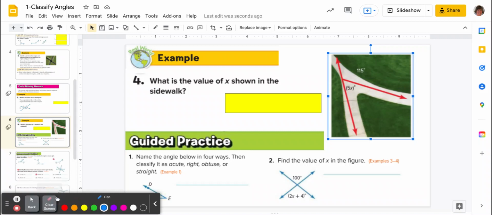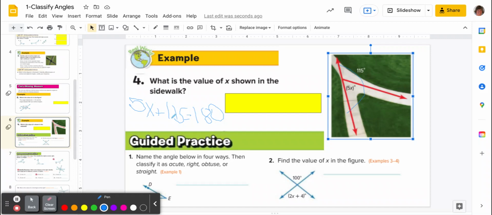You will write that out as a problem. Go ahead and do that now on your paper. 5x plus 115 equals 180. We know it's 180 because a straight line goes from here all the way to here. Straight line angles are always 180.